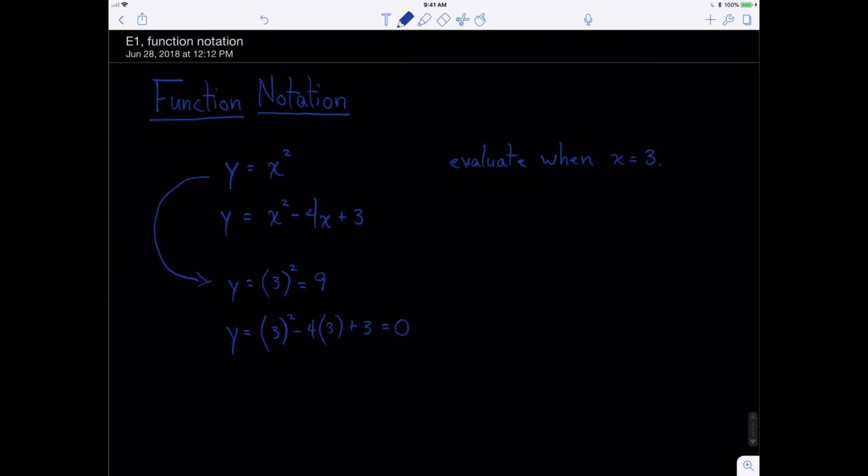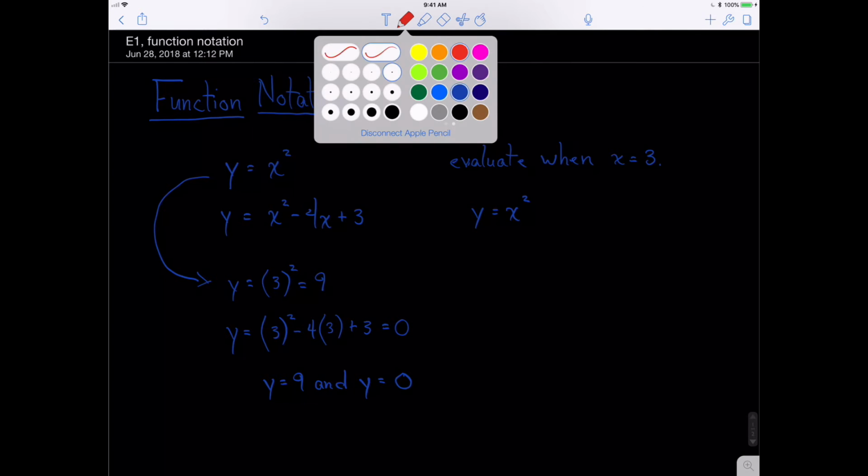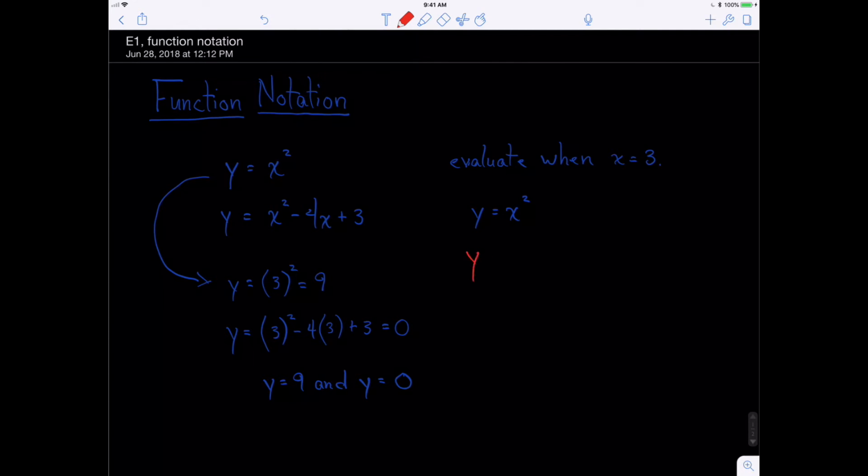So if I just wrote my answers as y equals 9 and y equals 0, well, you have no idea where the 0 or the 9 came from. So what we do is this instead. I could have given you two equations, written one as y equals x squared, and then given you a red equation and made the second equation in red, x squared minus 4x plus 3.